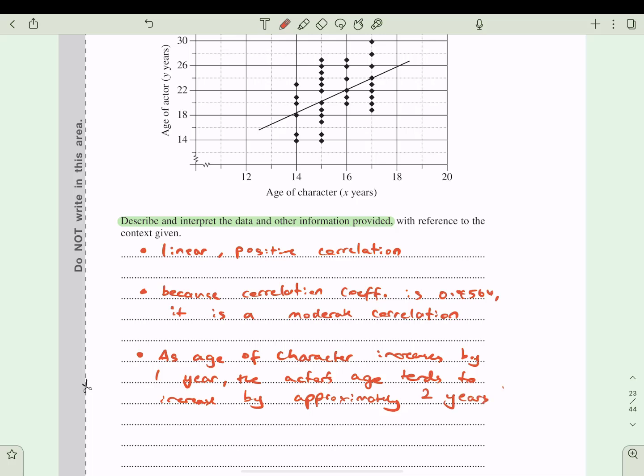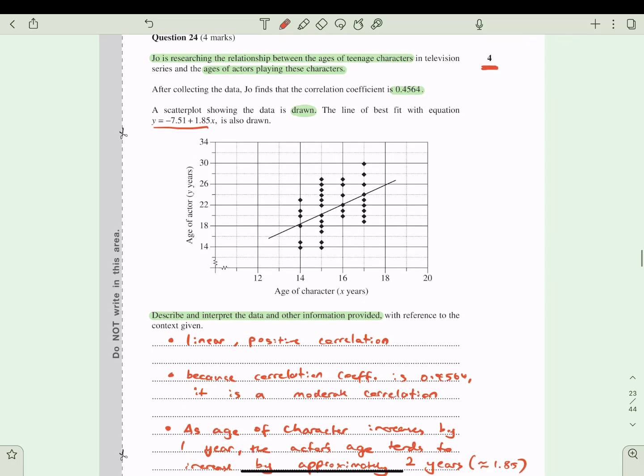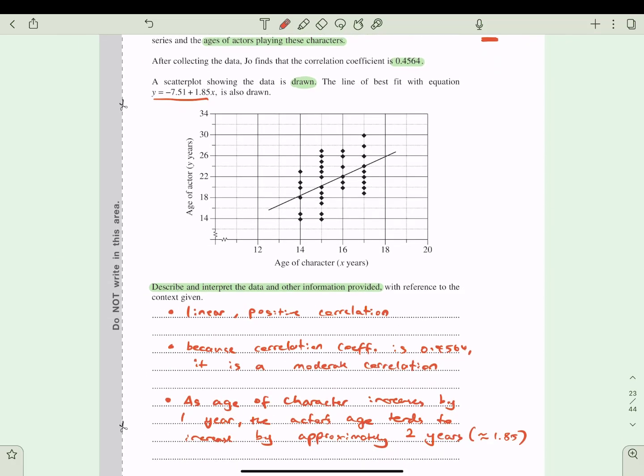And if you guys really want, we can also put 1.85 in brackets. That's just to show our marker we are referencing specifically the line of best fit equation. Moreover, we only have 3 points right now, so we need to keep going, right? Keep looking at the data.